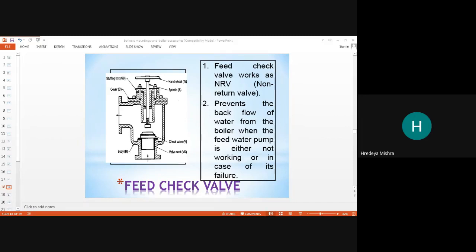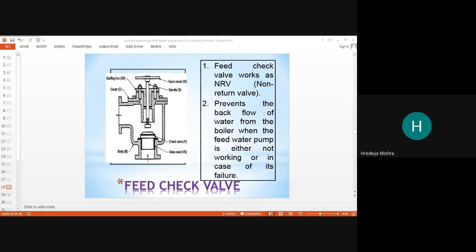But when the water supply is stopped, this valve comes downward like this. When the water supply is stopped, water returning is not possible.